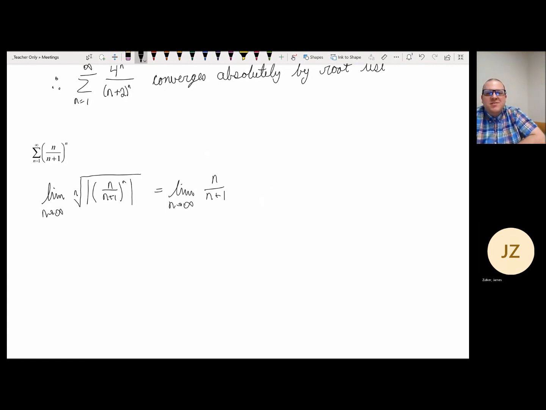It's going to give us the limit of n over n plus 1. What's that limit? 1.